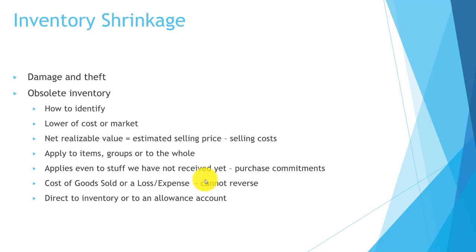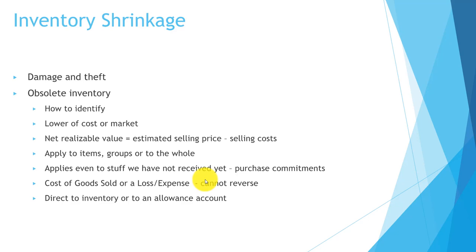All right, once you have figured out the net realizable value and compared it to the cost of the inventory, take the difference, that is your loss. We're going to debit cost of goods sold most of the time because this is part of our business model, and we credit either an allowance or inventory depending on what's easiest for the record keeping.